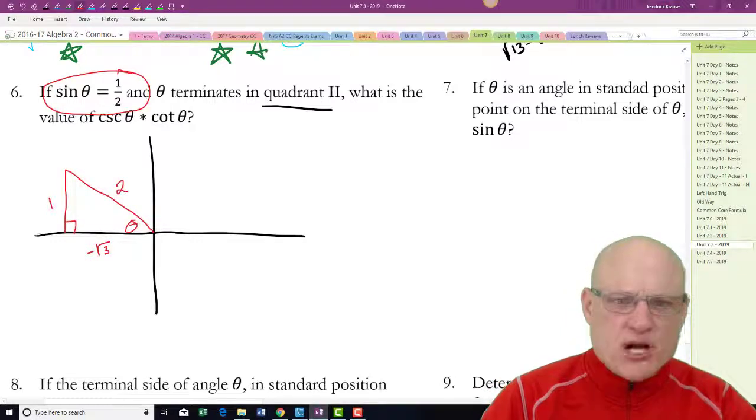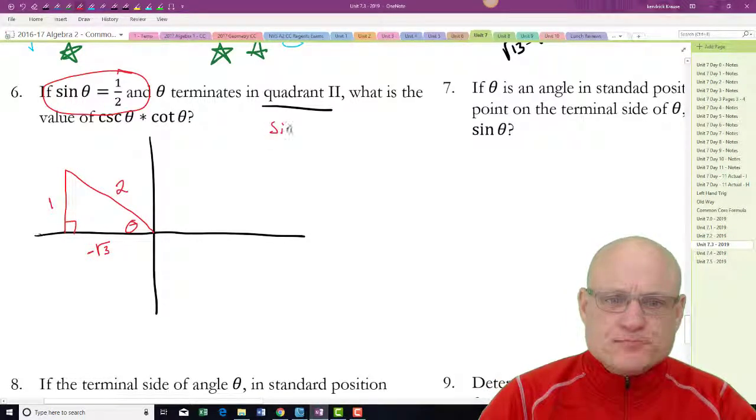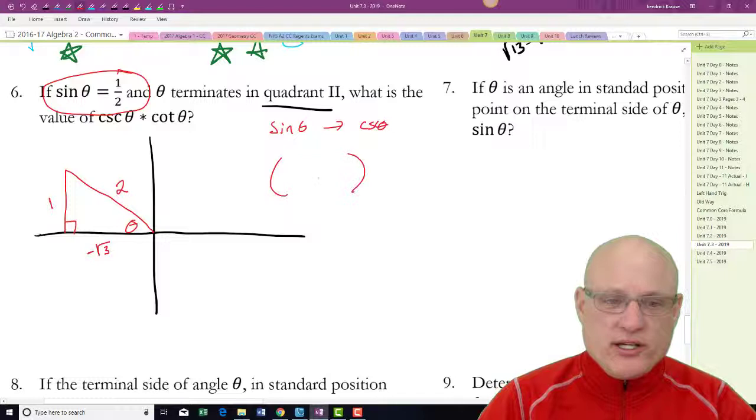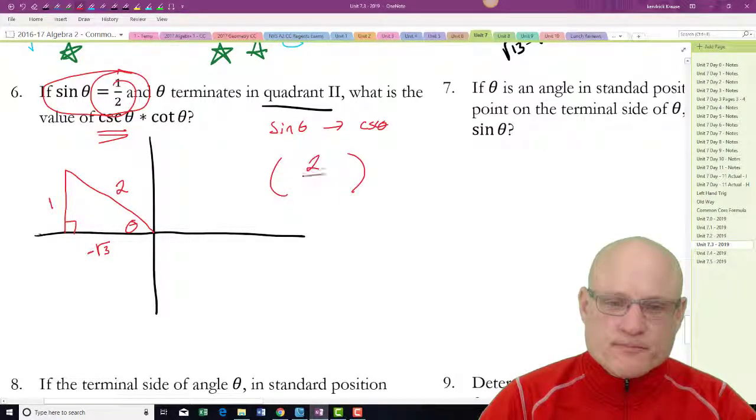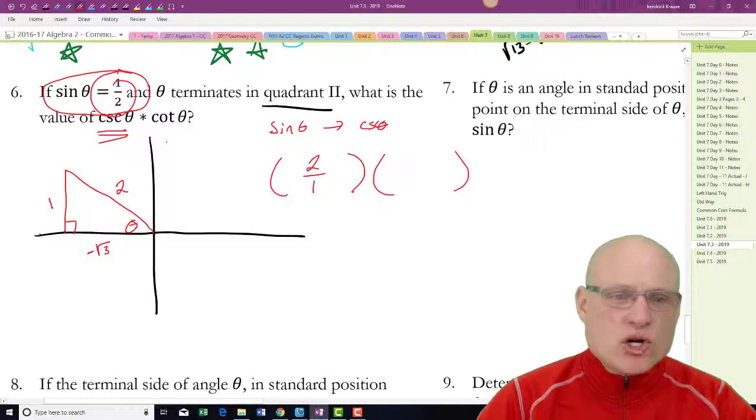God, I love coffee. All right, so cosecant. Sine goes with cosecant theta. So if I want cosecant theta, it is just the reciprocal of sine. Oh, that's easy, 2 over 1. Cotangent is the reciprocal of tangent, and tangent is opposite over adjacent.